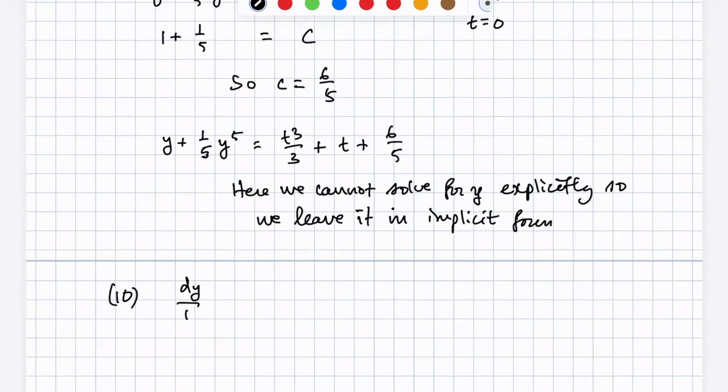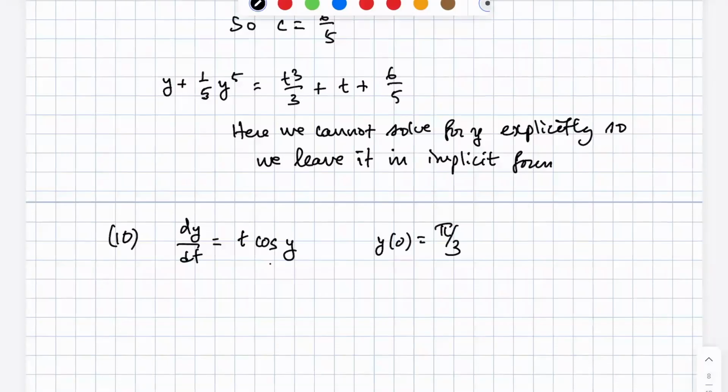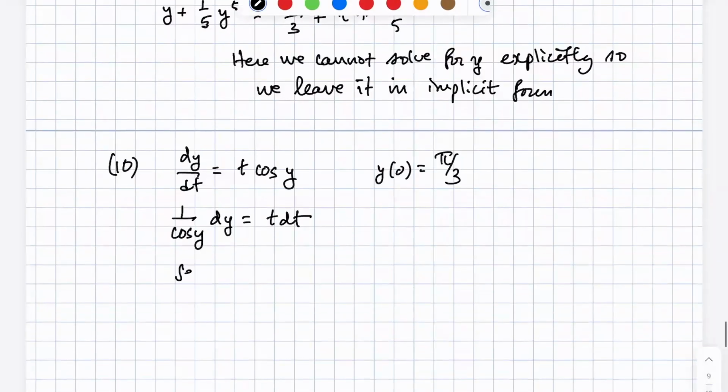dy/dt is equal to t cosine y, with y of 0 equals pi over 3. So in this case, let's move the cosine over to the other side: 1 over cosine y dy equals t dt. And this is secant y dy equals t dt. Let's integrate.